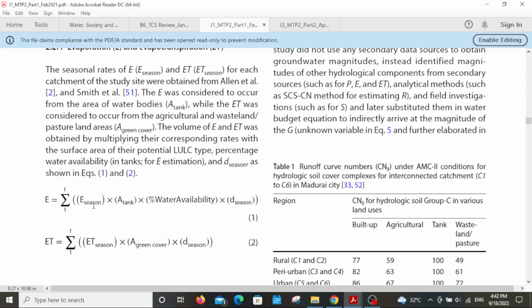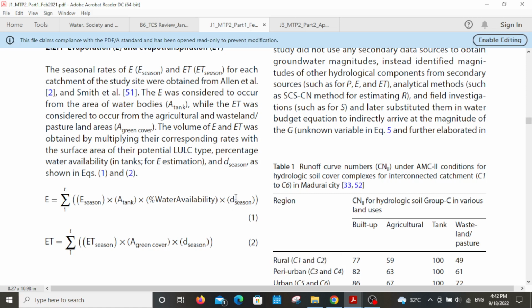So we assume that the evaporation is coming from the tank, because the tank has water capacity, a volume of water. So the area of the tank is multiplied by the rate of evaporation, and whatever water is available in each of the seasons is multiplied. So percentage water availability against each season is included. And we are also taking into account the number of days in each season.